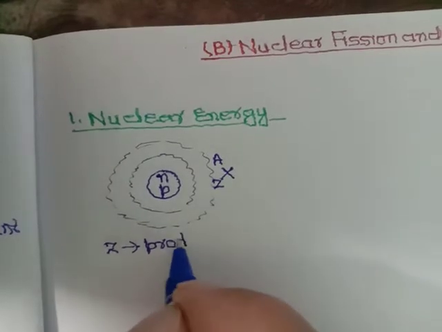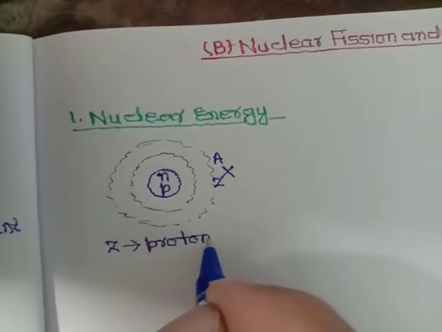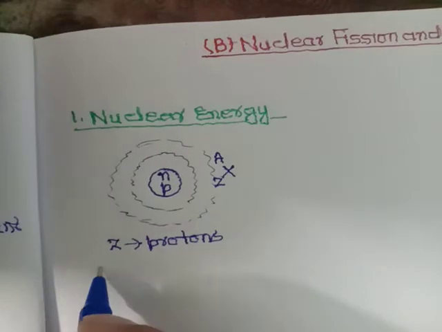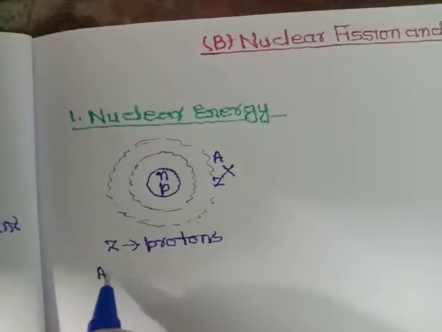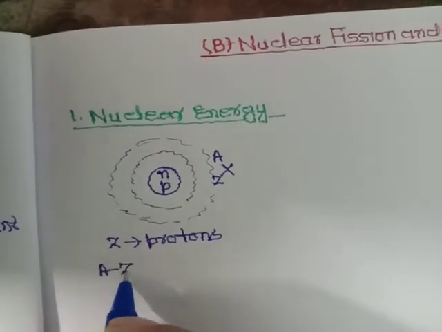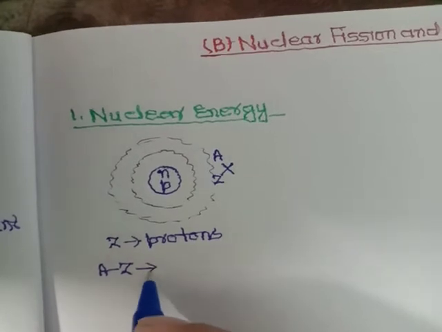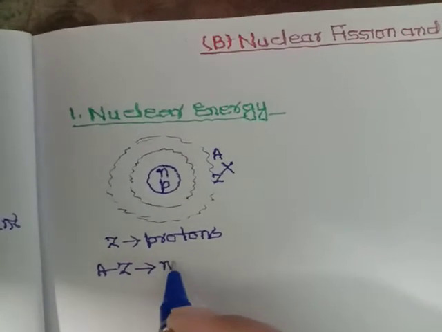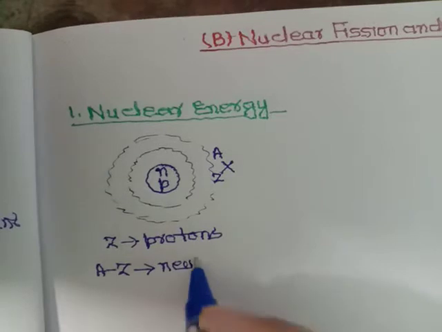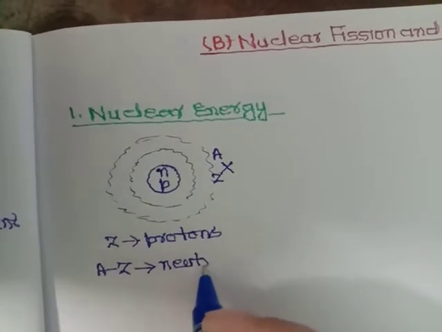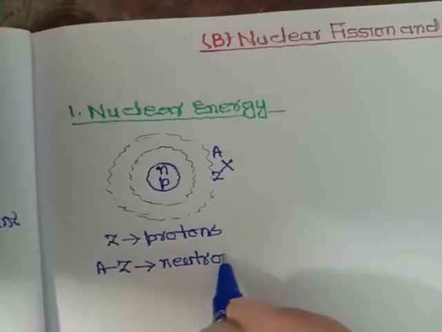Okay, and A minus Z is the number of neutrons inside the nucleus.